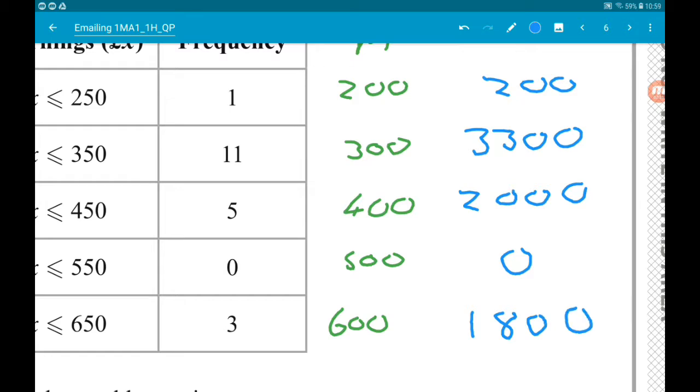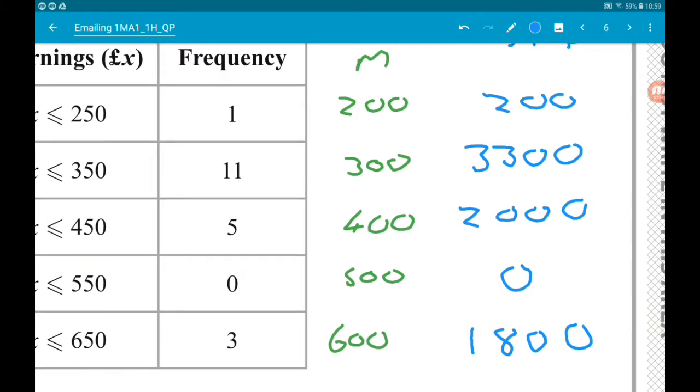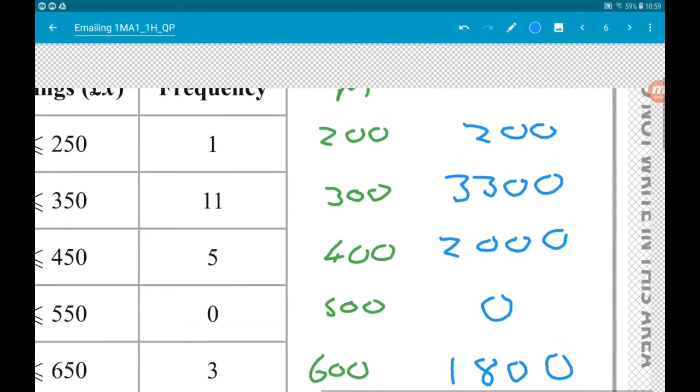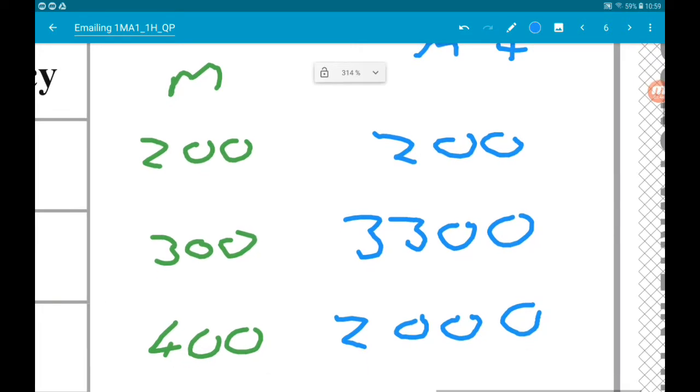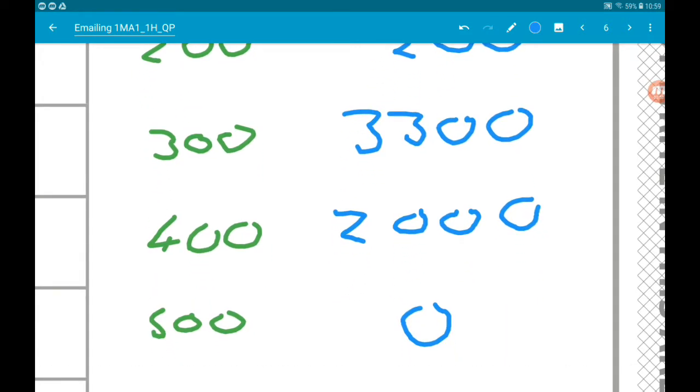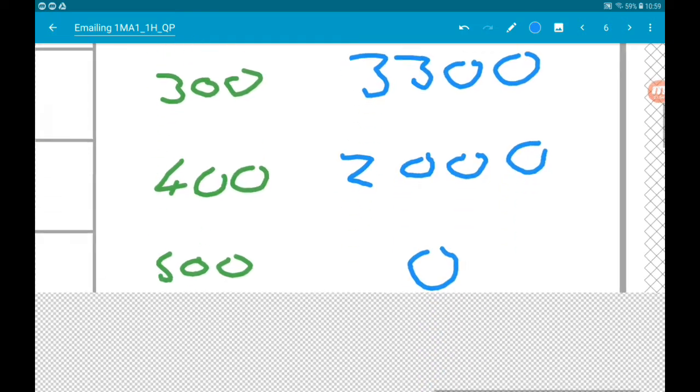Okay, so now we add those numbers together. So 200 add 3,300 is 3,500. Add 2,000 is 5,500.